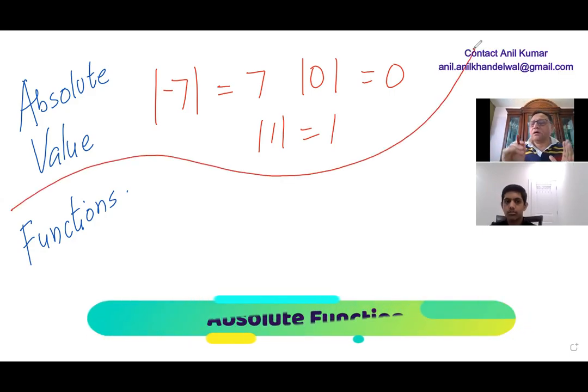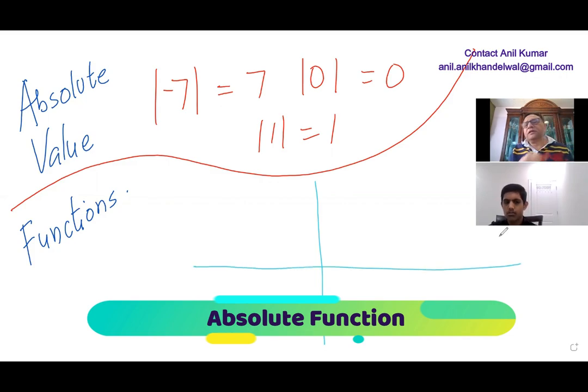Now let's talk about absolute function. So let me sketch one to show you what actually absolute function is. We have seen above that all the values actually are positive. The output is positive even if the input is negative, correct? Yeah. And it has got the same value.